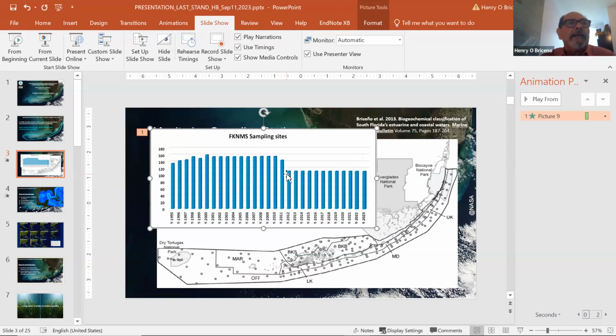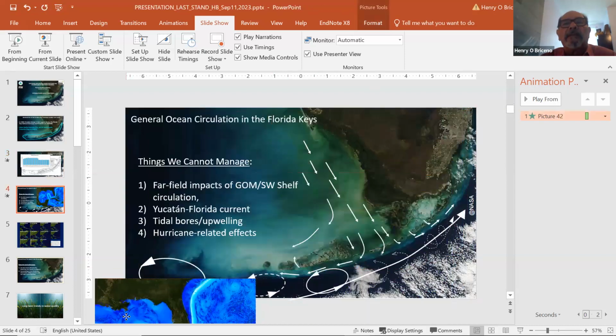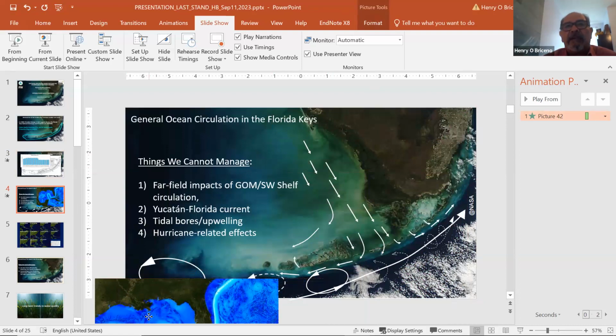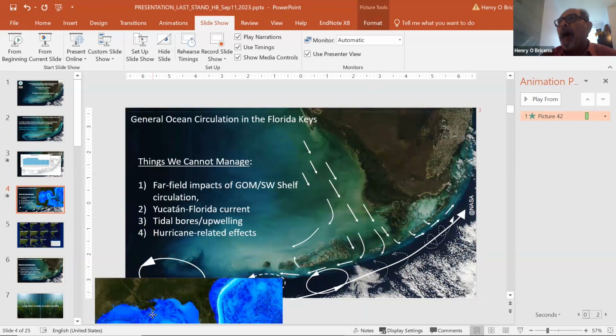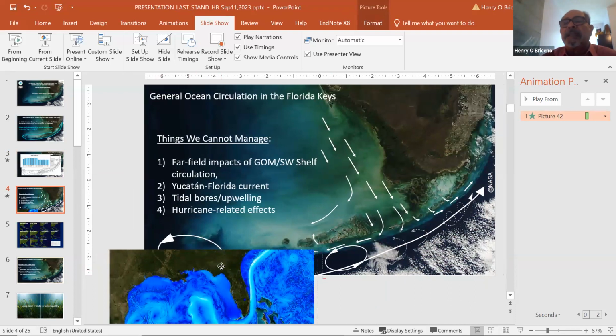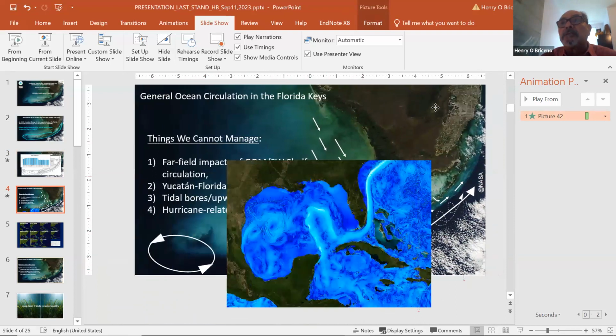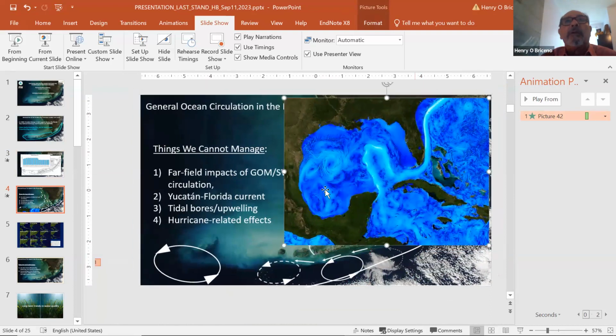And now you can see that our waters in the Florida Keys are very complex because of the circulation patterns. So it's not very easy to define water quality in our system because we have all these currents moving around, and there are some things that we cannot control.